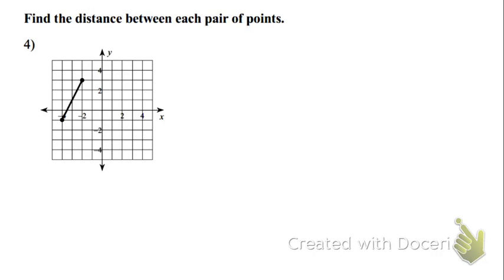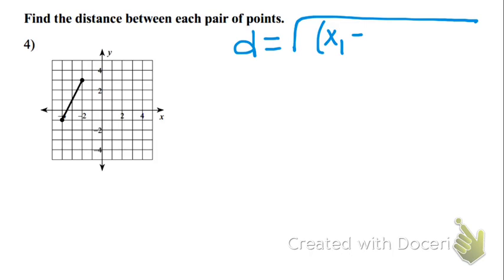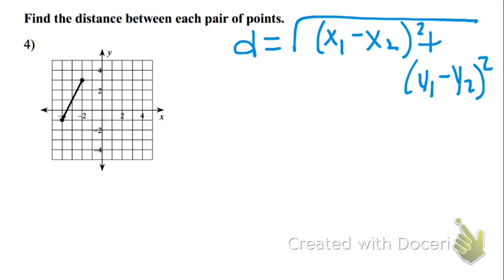Here we're doing distance formula, so hopefully you remembered that distance is the square root of x1 minus x2 squared plus y1 minus y2 squared.